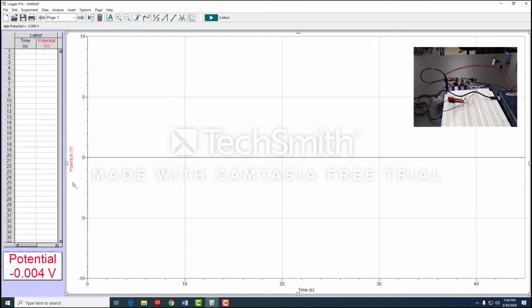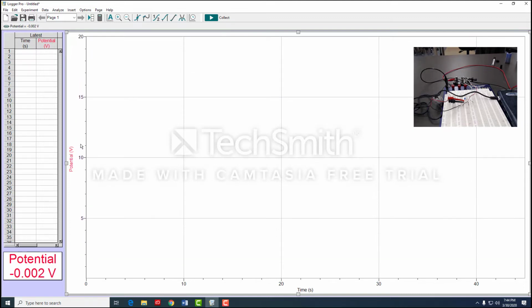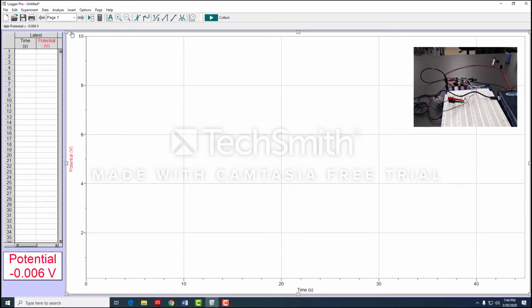I'll make it so that the minimum is not -10 but 0, and I can make the maximum 10 volts. There we go. We don't need to see all the negative voltages right now. And I will flip the switch and get the whole thing started.